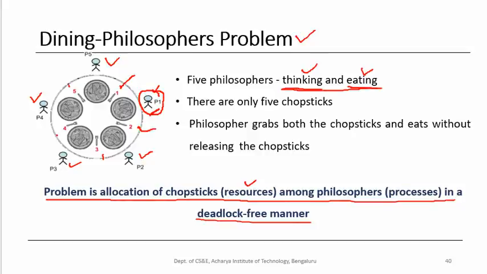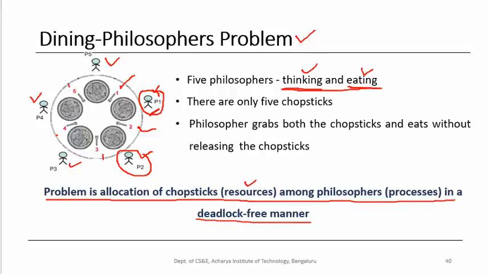But chopstick 2 is shared between P1 and P2. What if P1 and P2 try to eat at the same time? That is the synchronization problem, right?